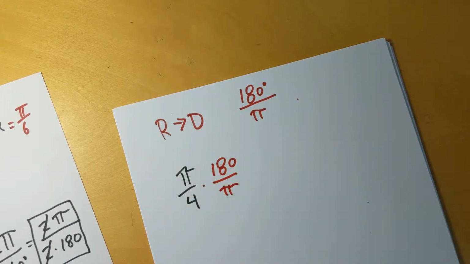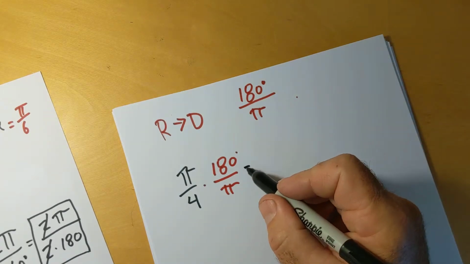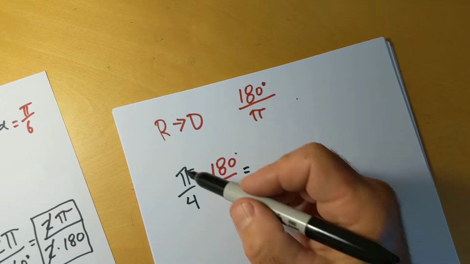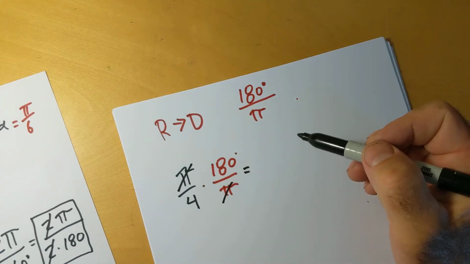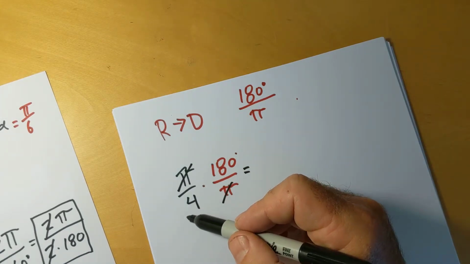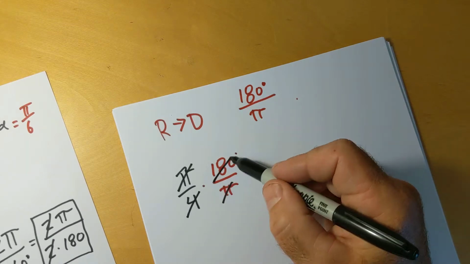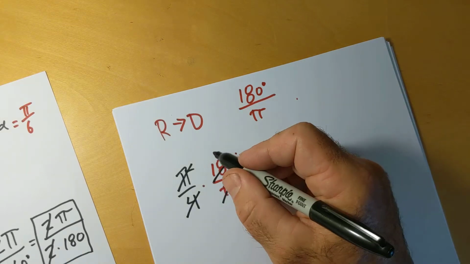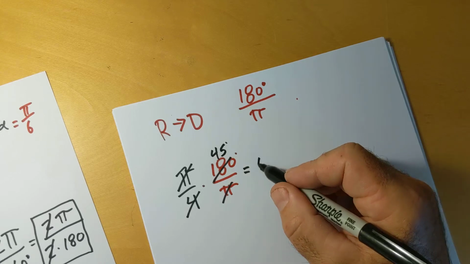That's 180 degrees. I multiply by that conversion factor. My pi's cancel. 4 goes into here 1 time. 4 goes into here 45 times. So it gives me 45 degrees.